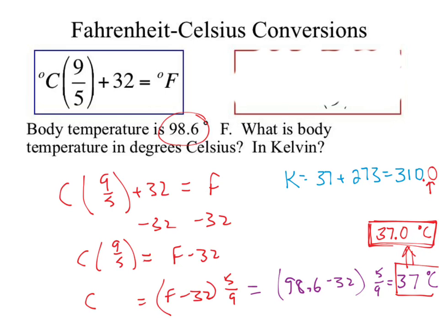What was our mathematical operation? Addition. How do we count sig figs when we do addition?